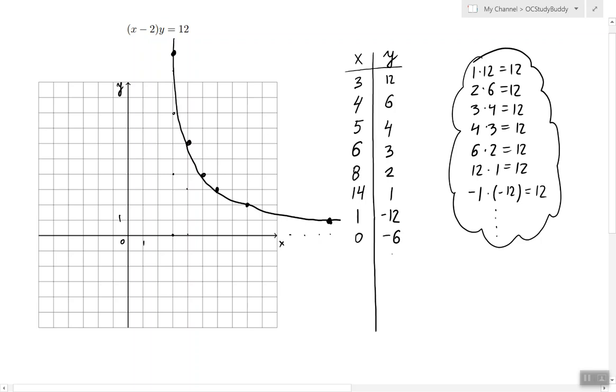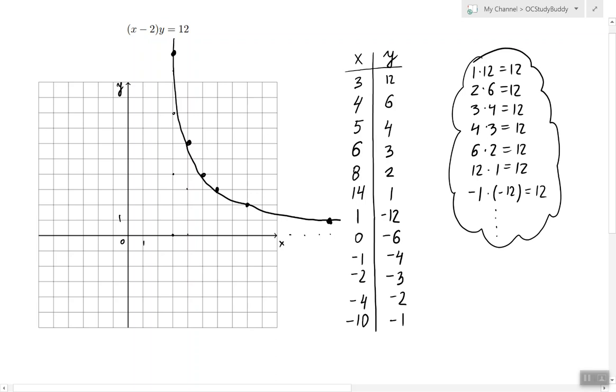If y is -4, then x has to be -1. If y is -3, then x has to be -2. If y is -2, then x has to be -4. If y is -1, then x has to be -10.